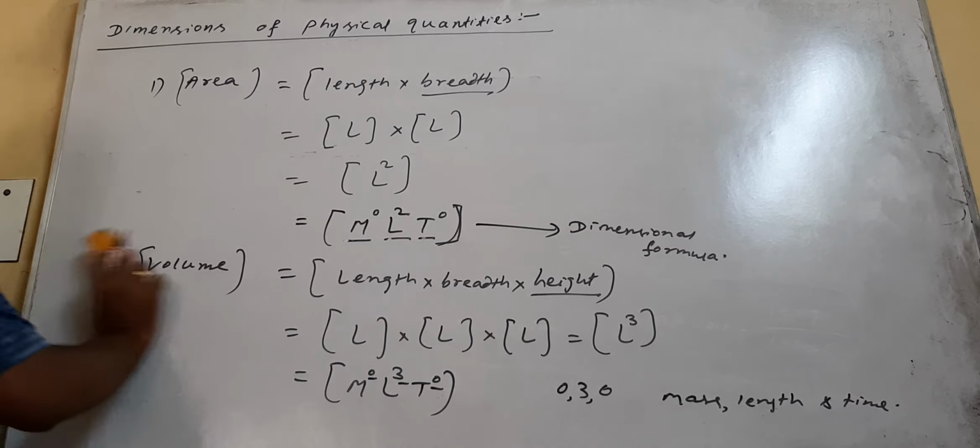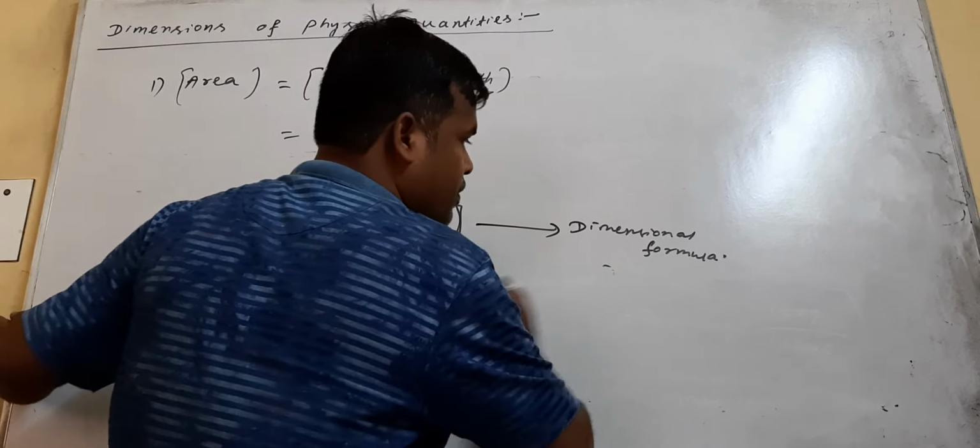Now come to speed. Speed is distance traveled divided by time taken. So the dimensions of speed: for distance it is L, and for time it is T. So it is L1 T minus 1.